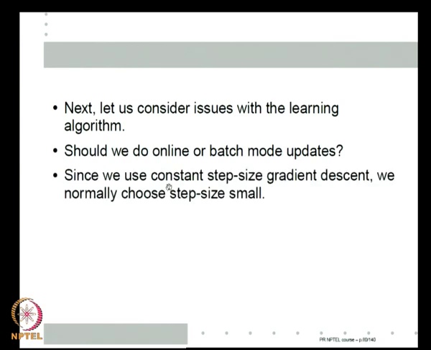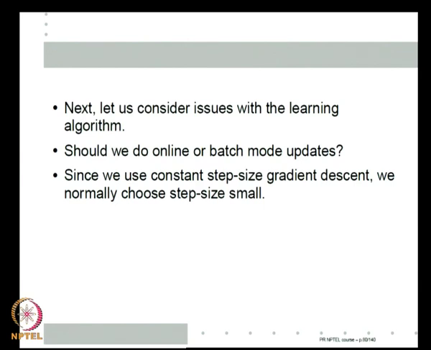Now, most often theoretically it may not make much difference. As I mentioned when we did the linear models and when we first looked at the online and batch things, the LMS algorithm, if the step size is sufficiently small, then both online and batch updates have the same asymptotic behavior. Now, in this particular case, when using backpropagation, we are doing gradient descent on a very high dimensional and very highly nonlinear objective function, and we are using a constant step size gradient descent.